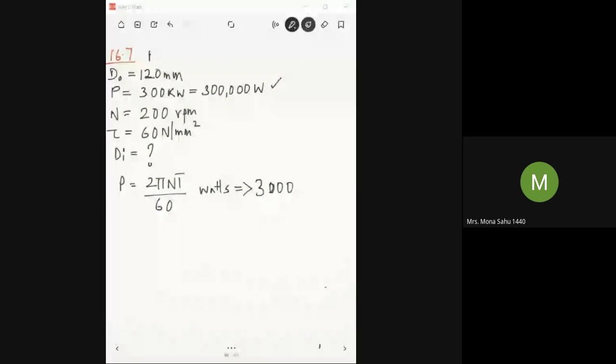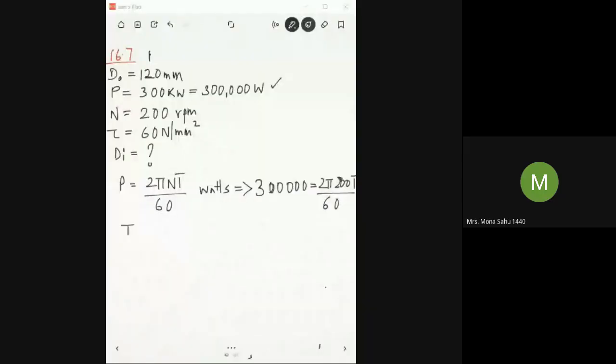So with this, we can calculate what is torque.